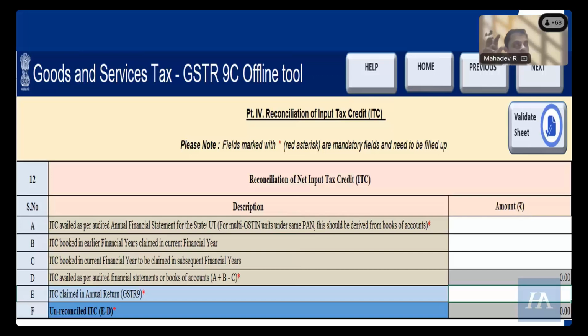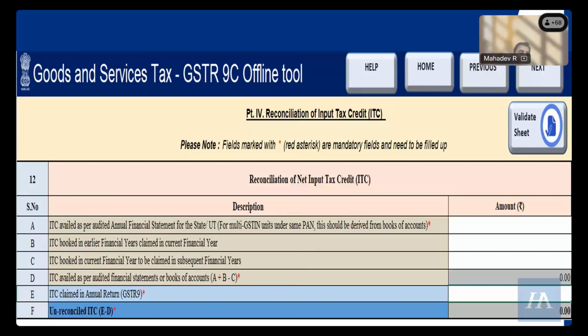If there are any credits which are booked in financial statements of previous year, but you are taking in the annual return now, that can get added to 12B. Similarly, you may have certain credits in this year, but because you have not fulfilled some condition, it can go to next year. So by March month, you would have taken the credit. Thus, those credits should get reduced in 12C.